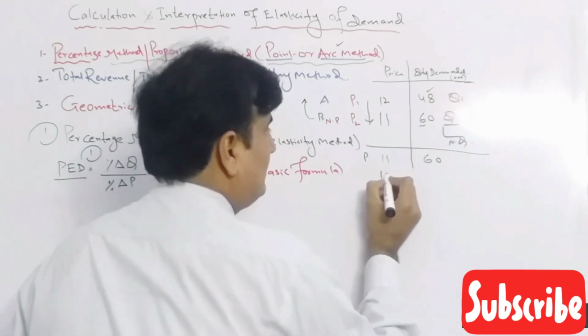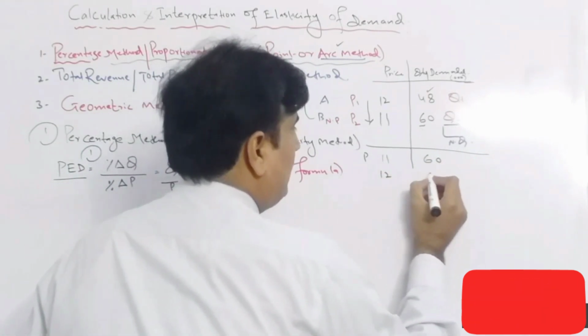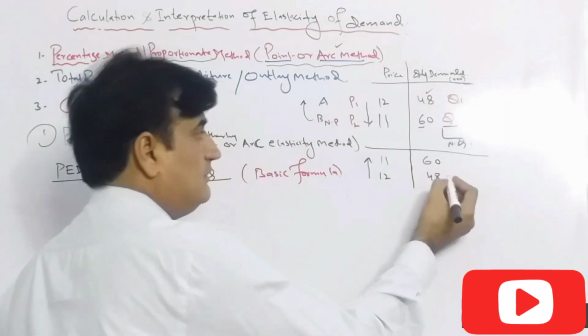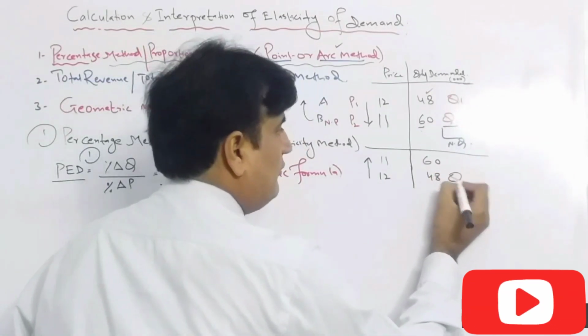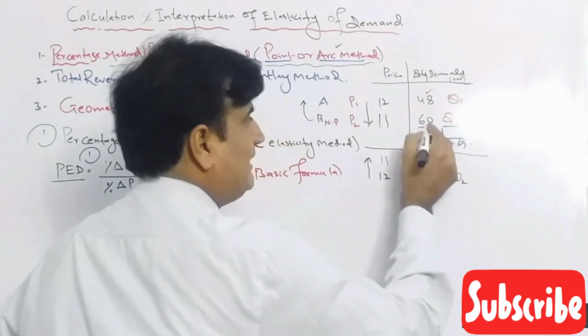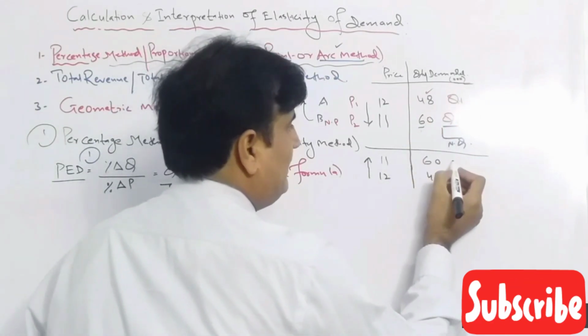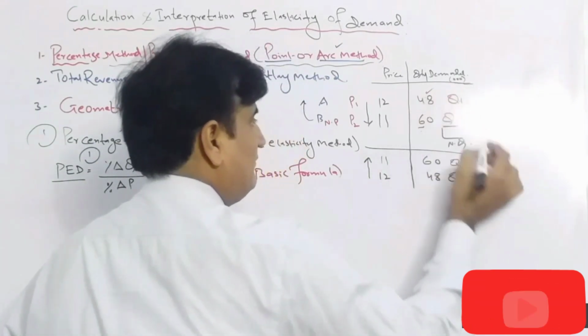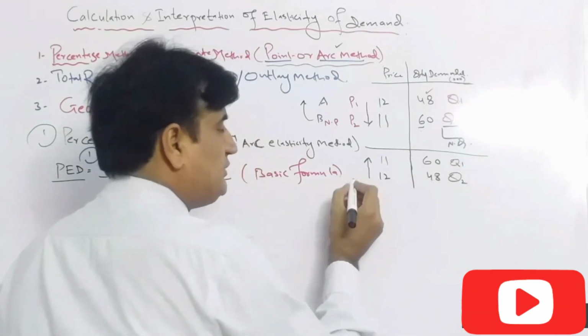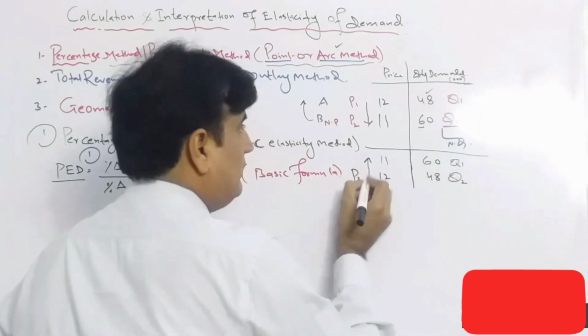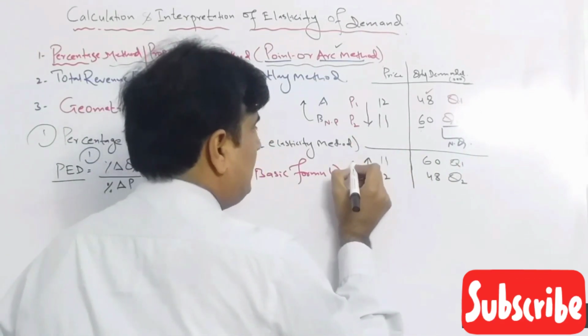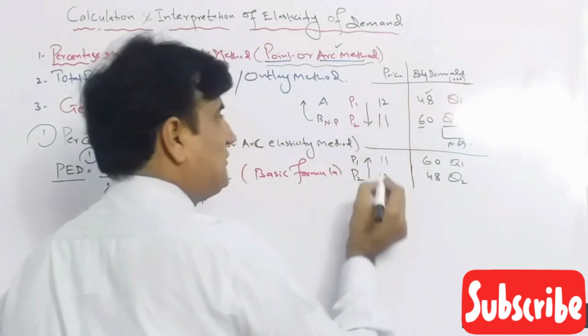When the price is 12, the quantity demanded is 48. Here Q2 is now 48 rather than 60, but Q1 is now 60 rather than 48, and P2 is 12 rather than 11, and P1 is 11 rather than 12.